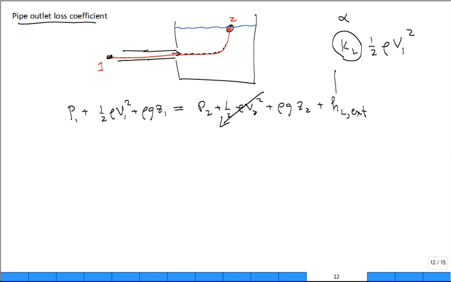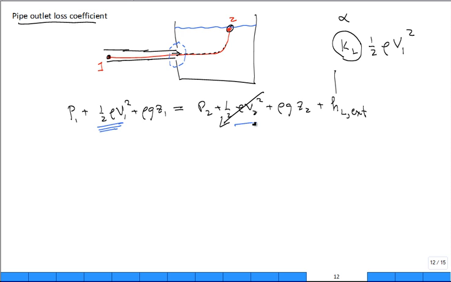All right. If you take the streamline all the way to 2, I wouldn't necessarily tell you to include the loss coefficient for that exit. It's already included in the modified Bernoulli equation, because right here it has that kinetic energy in it.